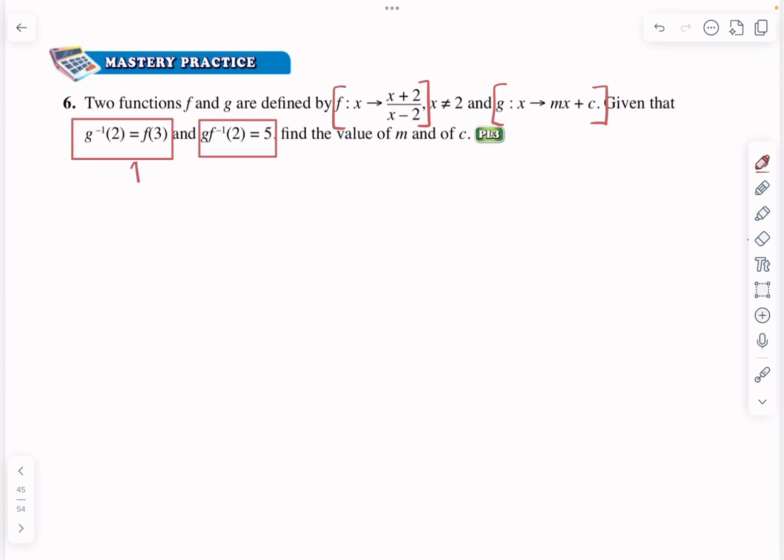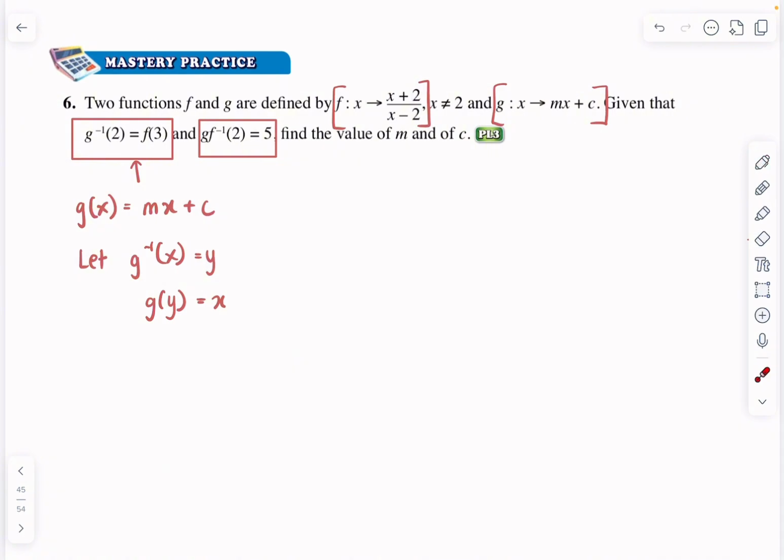Let's look at this first. So here we need to find g inverse. So given gx is mx plus c, if you want to find g inverse, the first step is always to let g inverse x equal y. Then the g inverse we bring there will become gy. So gy equals x.